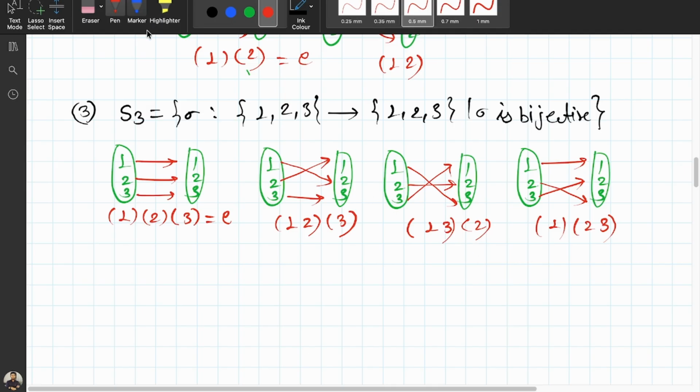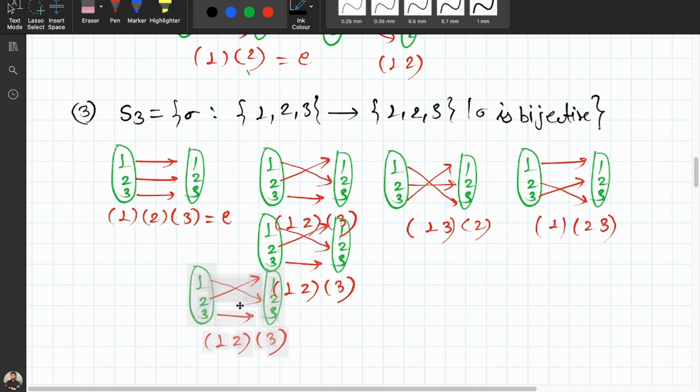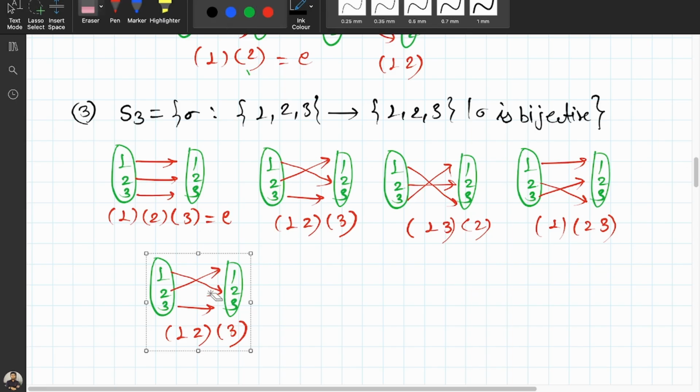Now what are the next possibilities that we may find? Every time keep in mind you have to write a one-one function. Next 1 goes to 3, 2 goes to 1 and 3 goes to 2.